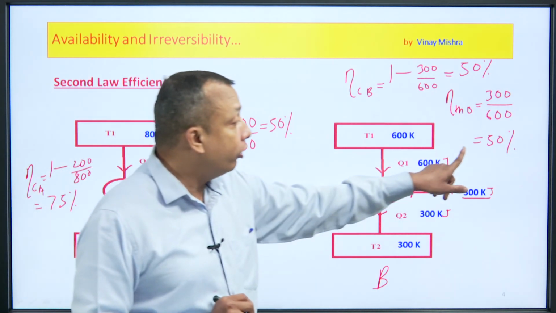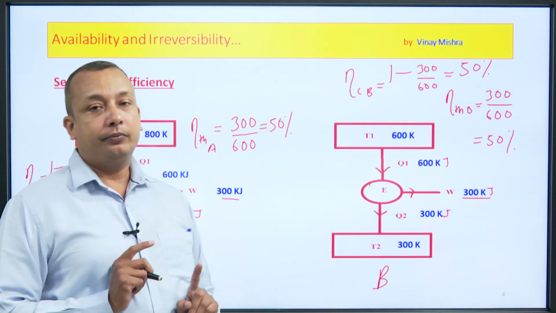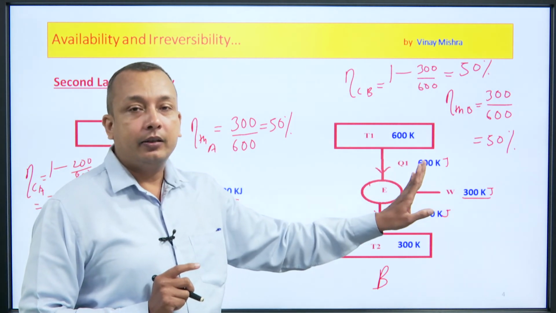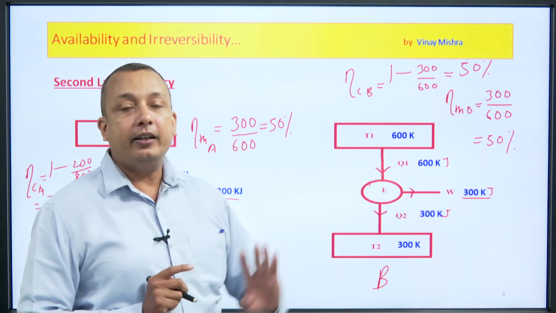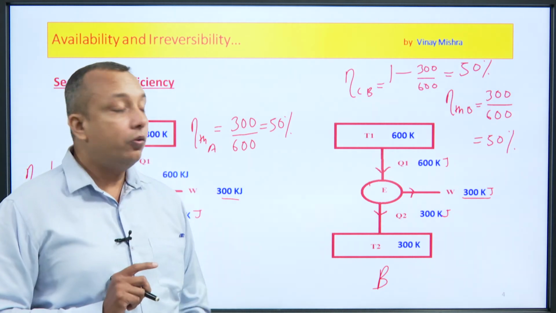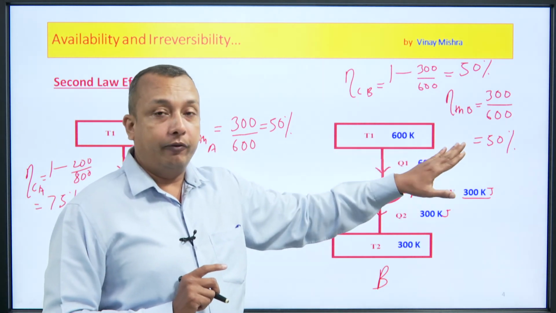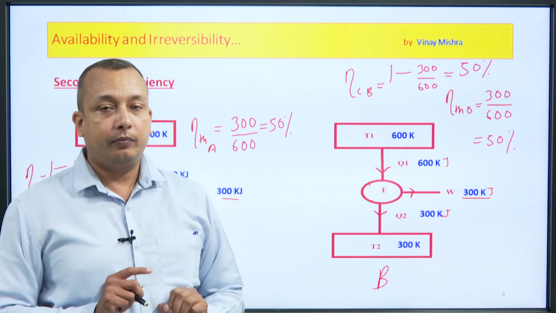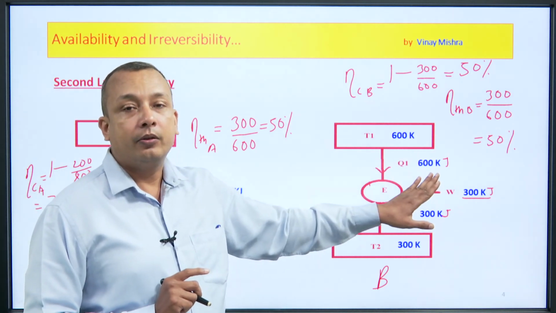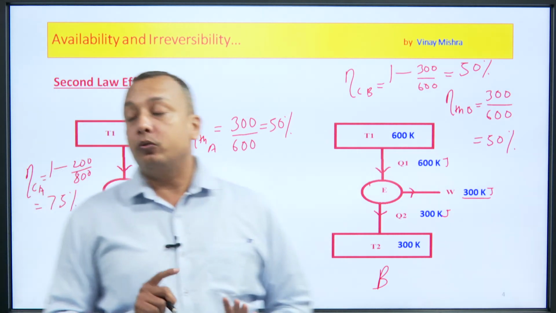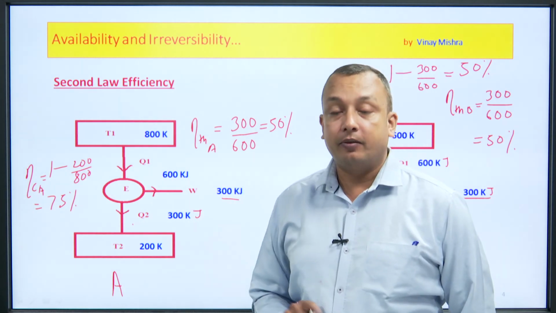That means if we take this 50% as the actual efficiency, we can say that heat engine B is performing at its maximum. The performance of heat engine B is maximum, which is equal to 50%. So, at this particular instant, we can say this engine performs very well compared to this engine, because its relative efficiency is less.